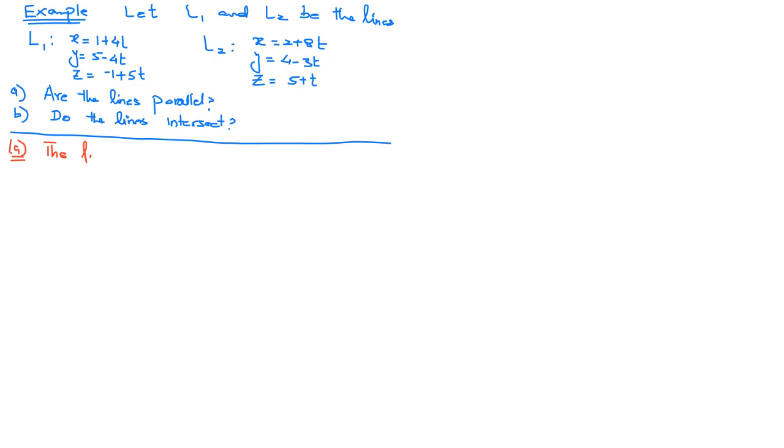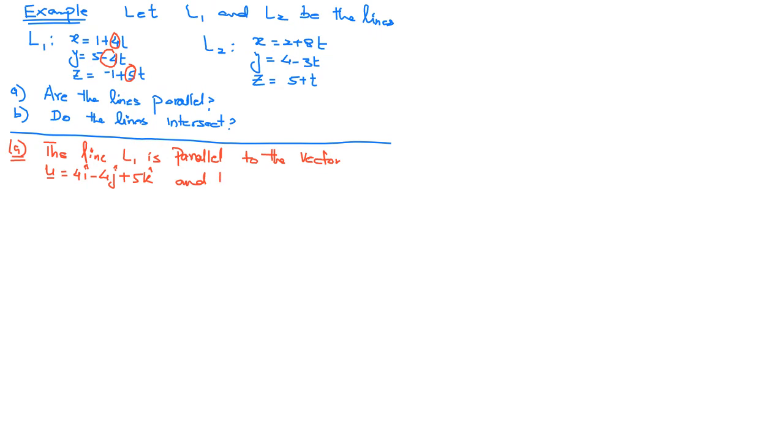The line L1 is parallel to the vector, for example u, which is 4i minus 4j plus 5k. So this is the u vector.